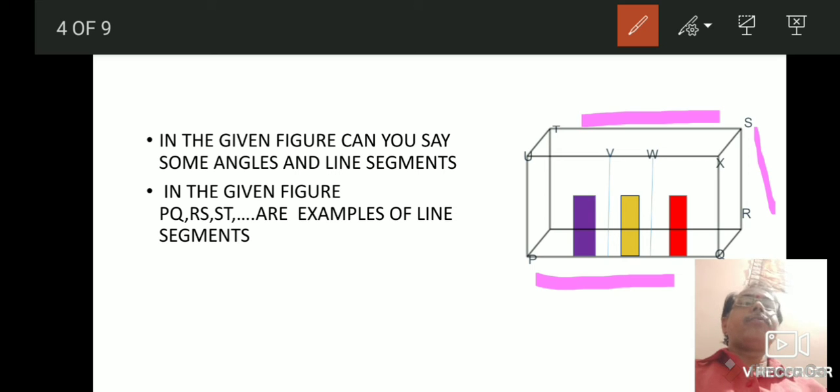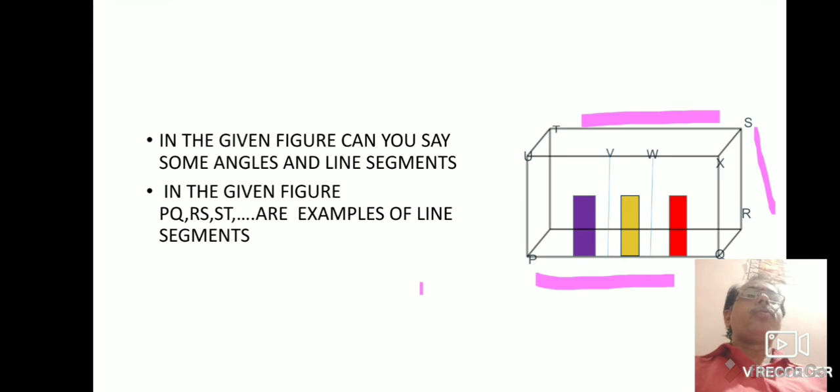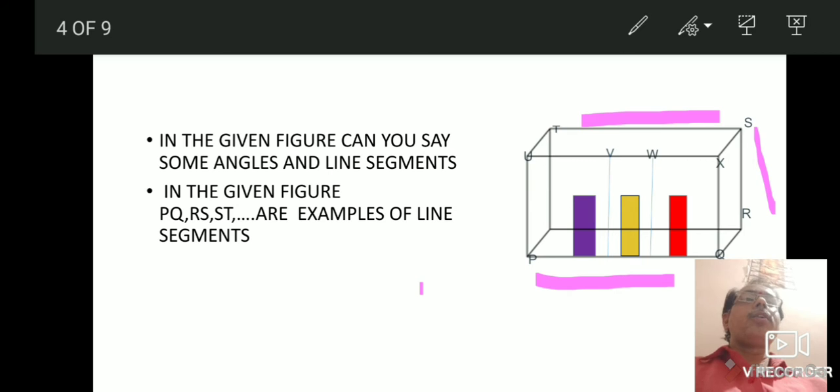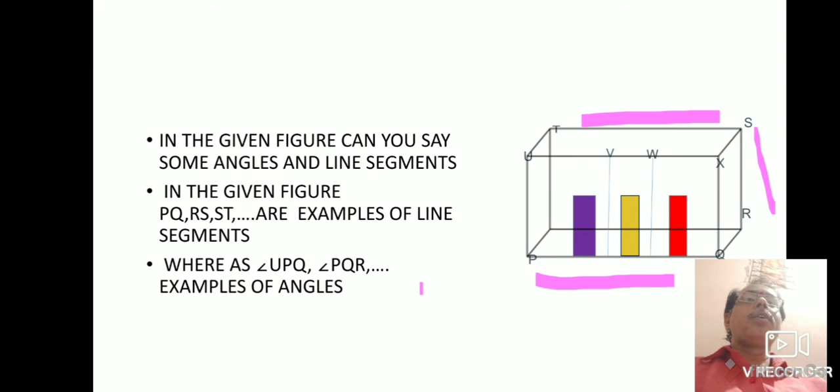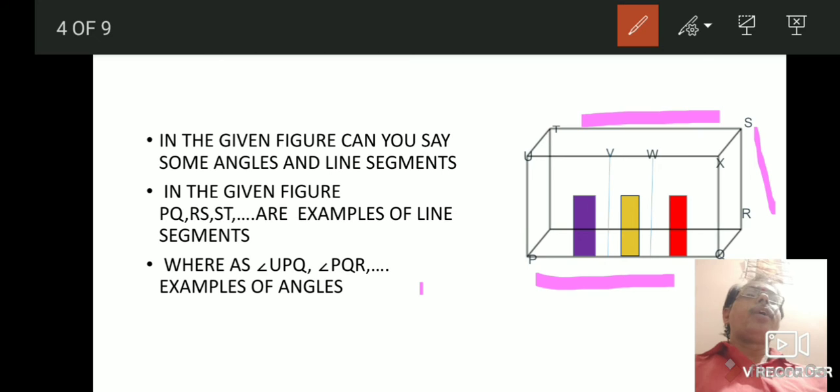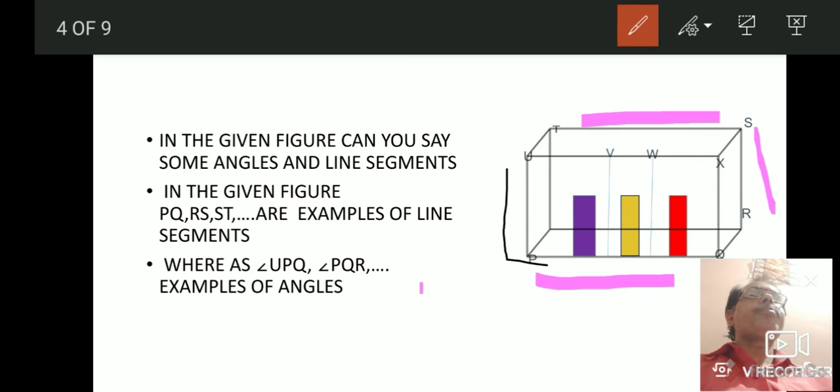You can write so many. Whereas angle UPQ and angle PQR are examples of angles. Here we have angle UPQ and here PQR. These are the angles. Otherwise PRS, you can write so many angles by using this figure.